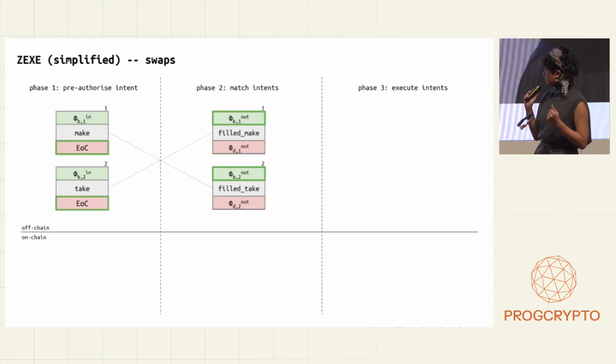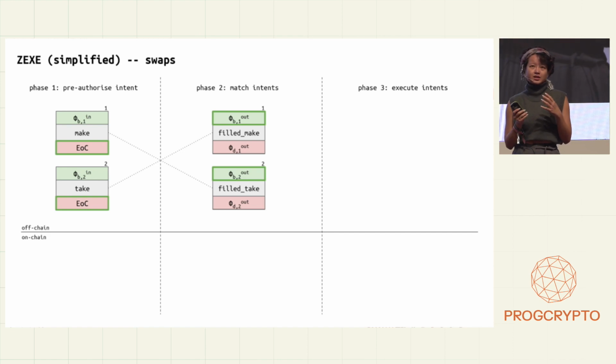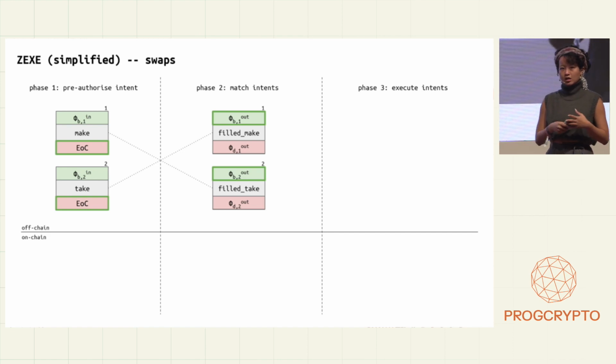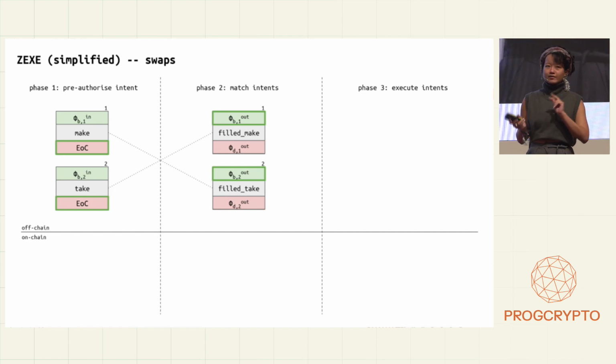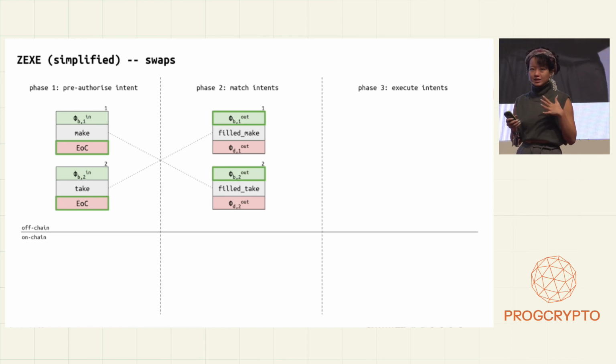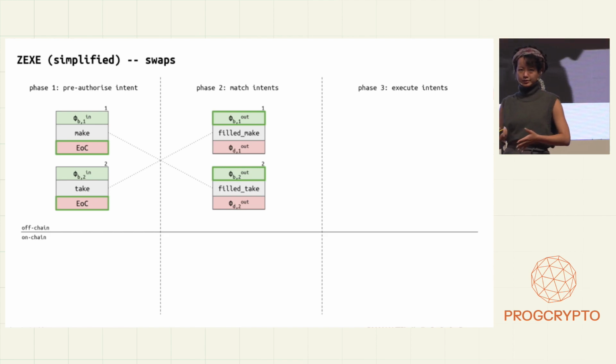So now in Zaxi, there are several variants of order book you could implement. And the privacy preserving variant is the closed book exchange. So basically, in this exchange, you would expose the information required to consume your order to the order book operator.